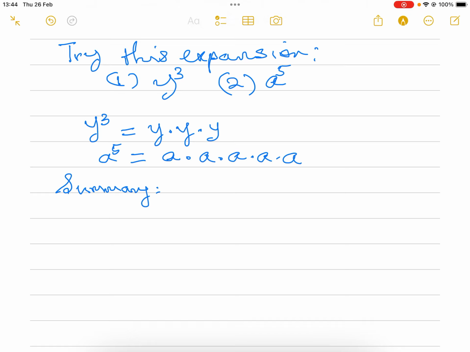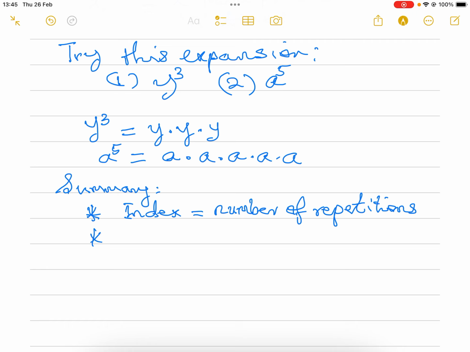Now let me remind you of the few things that we have discussed so far. Number 1, index is equal to number of repetitions.